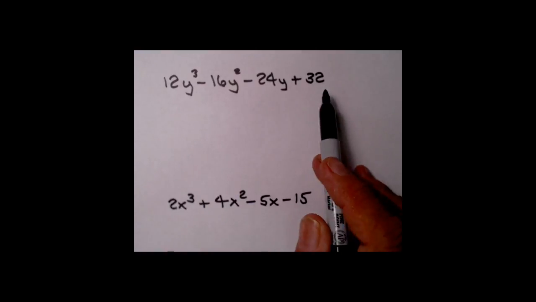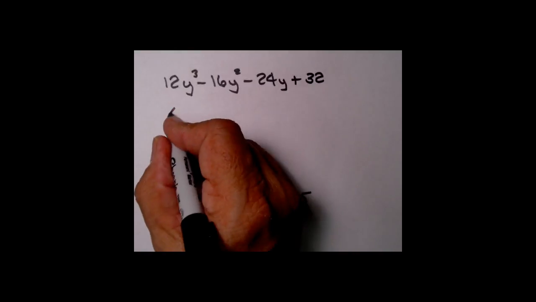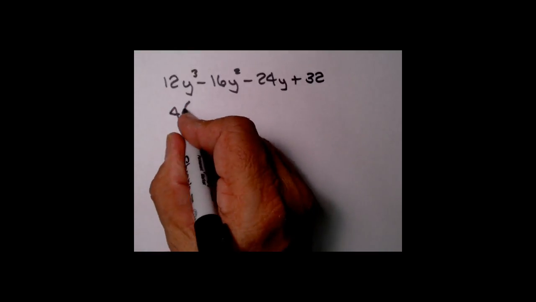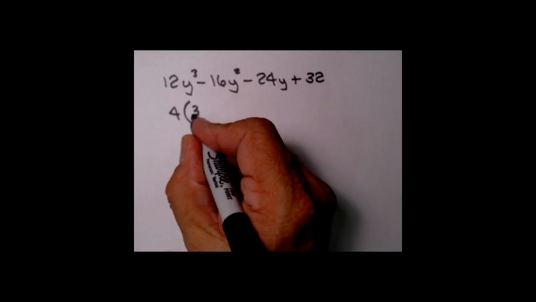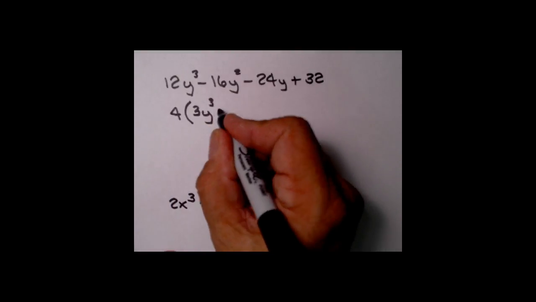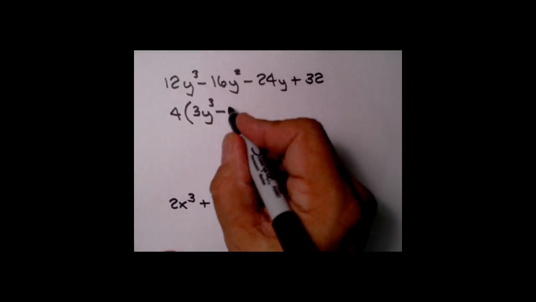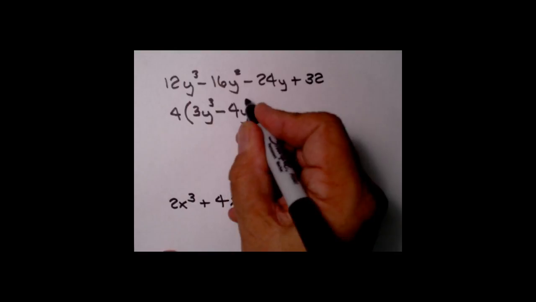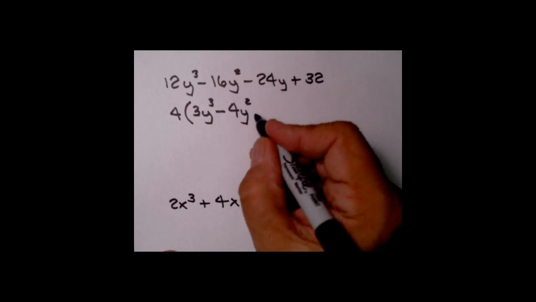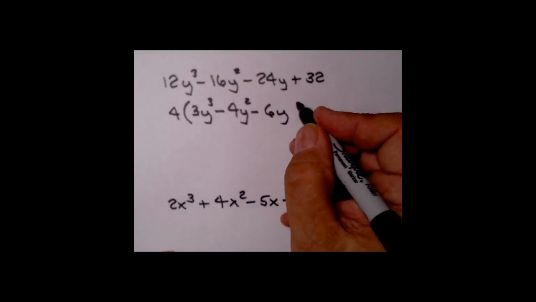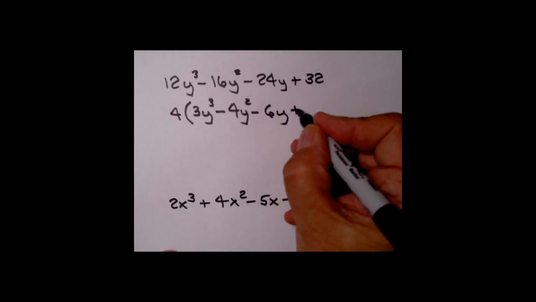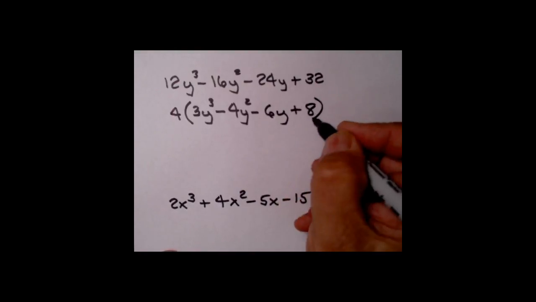Nothing higher will work, so there is a GCF again. Let's factor it out. 4 times, factor the 4 out of the 12, it'll give me 3y cubed, minus, factor it out of the 16, 4y squared, factor it out of the 24, negative 6y, factor it out of the 32, positive 8.